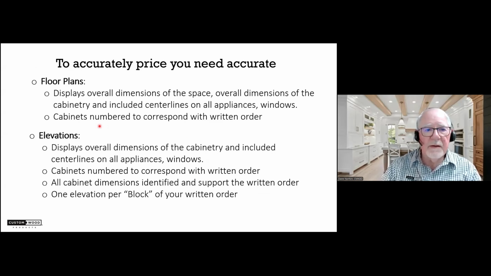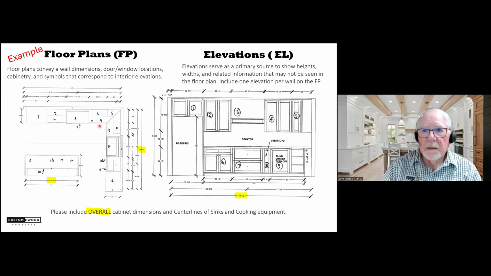And then a good set of elevations. And we're looking for, again, dimensions, numbered cabinets, everything tying back together between drawings and written orders. So an example of a floor plan.